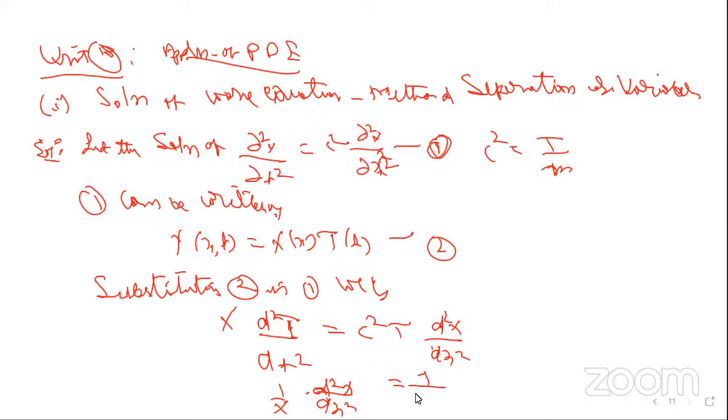d square X by dx square equal to 1 divided by c square T d square T by dt square.